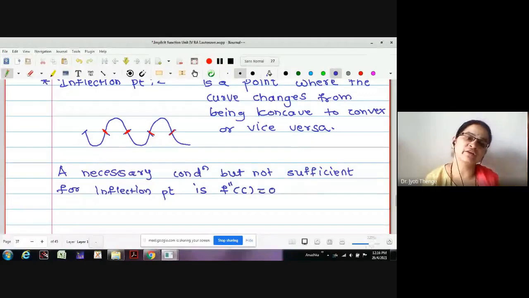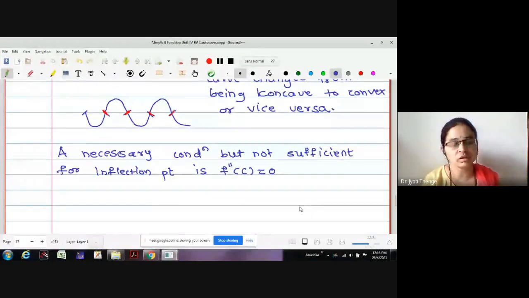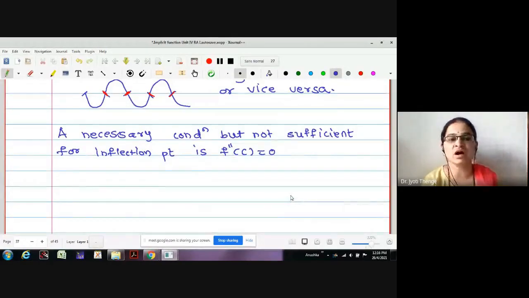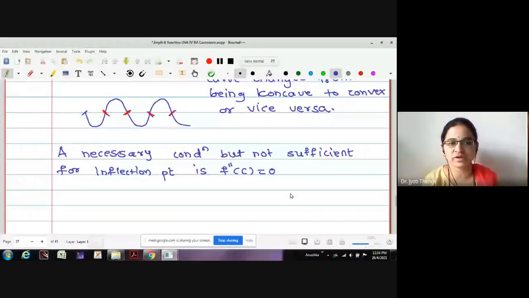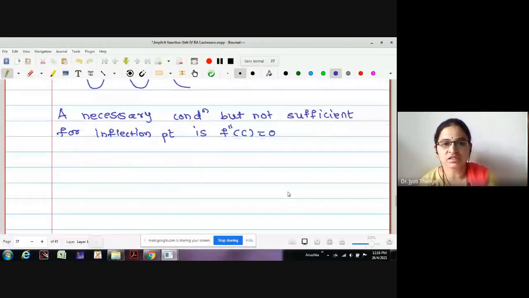Because if the second order derivative is 0, the function is neither convex nor concave at the corresponding point, right? Therefore, this is the necessary but not the sufficient condition.